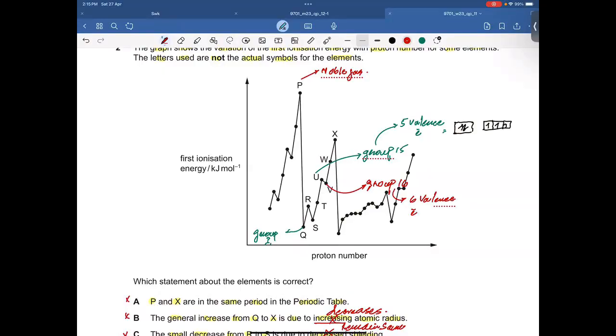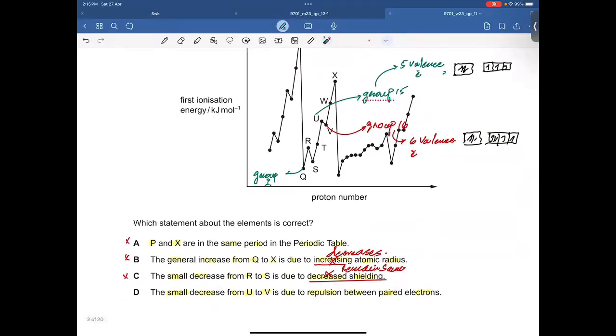If it has 6 valence electrons, obviously those 6 valence electrons can be distributed like this. s contains 2 and p contains 4. So this 3p subshell contains 1 paired electron, and so it will experience spin-spin repulsion, which is also called inter-electron repulsion.